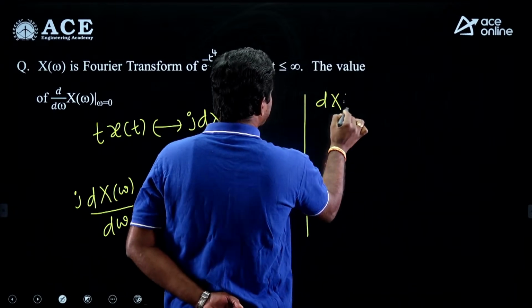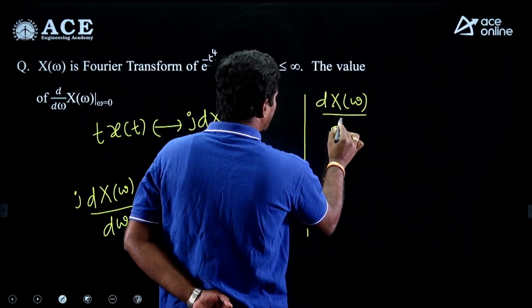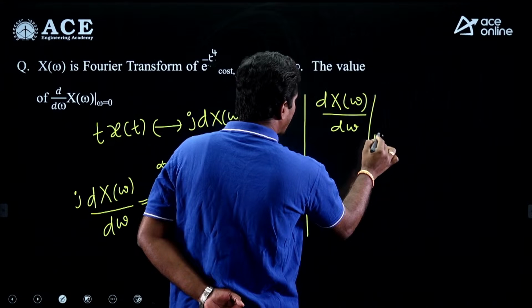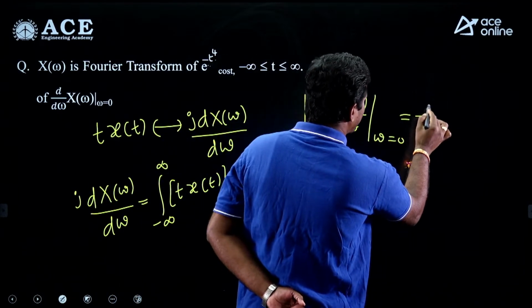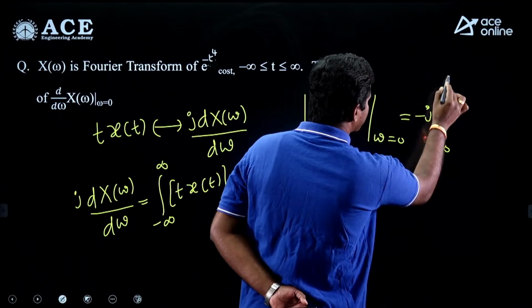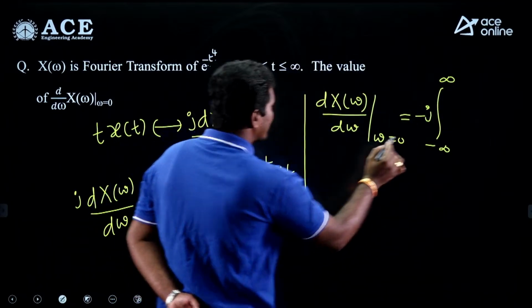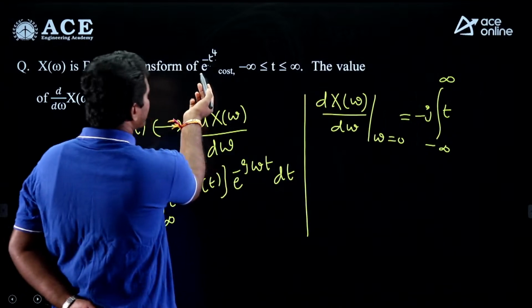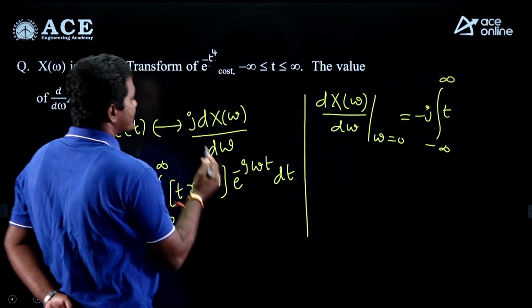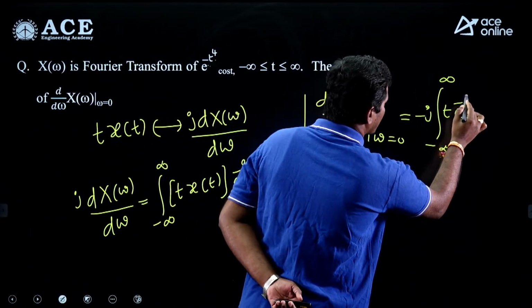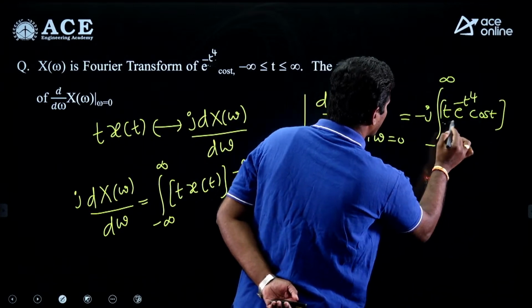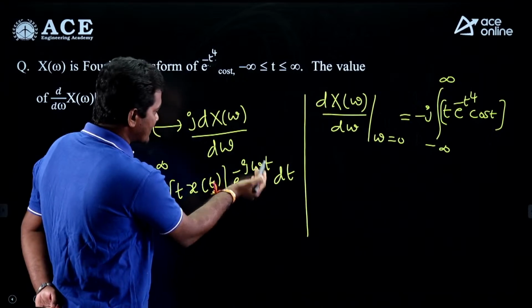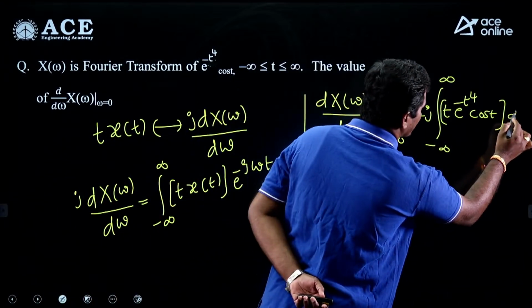Then dX of omega by d omega at omega equals 0 equals minus j integration from minus infinity to plus infinity t, what is x of t once you observe here, e power minus t power 4 cos t, into e power 0 is 1, so into dt.